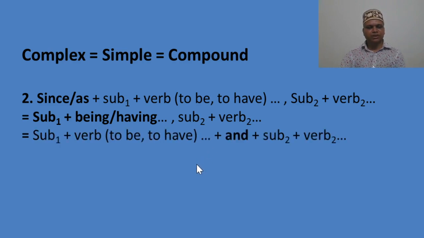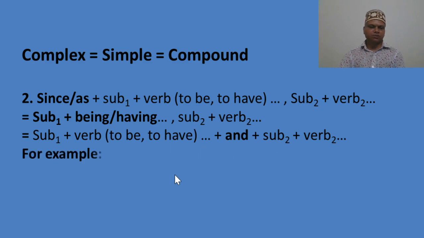Now the compound sentence. If you want to make it a compound sentence, we just omit since, as, and in place of the comma, we use "and". Then it will be a compound sentence.